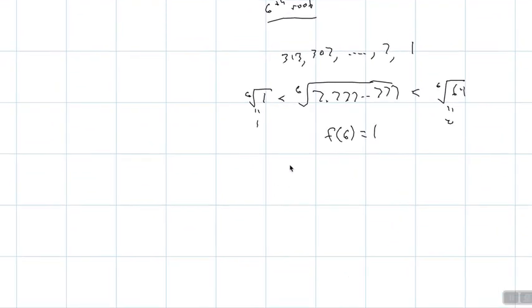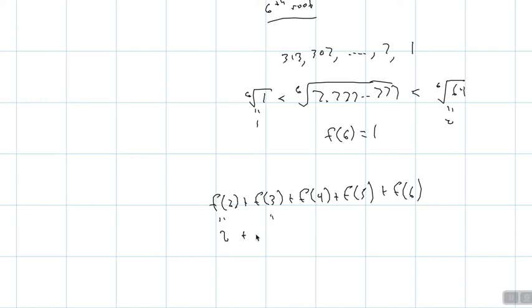So now that we've found all these values, f of 2 plus f of 3 plus f of 4 plus f of 5 plus f of 6: f of 2 is equal to 2, f of 3 is equal to 1, f of 4 was equal to 1, f of 5 was equal to 3, and f of 6 we just found was equal to 1.